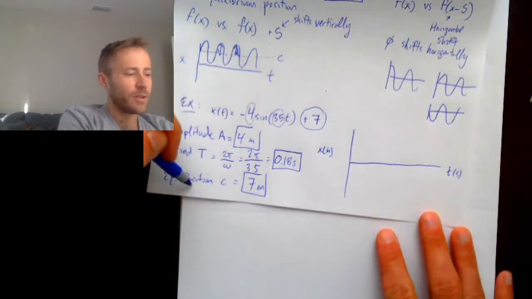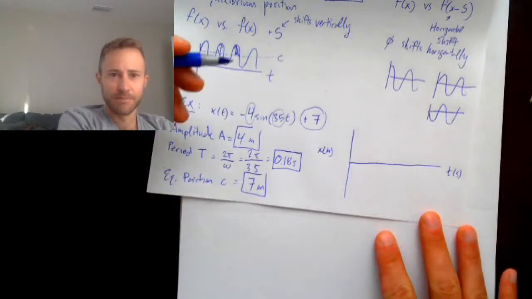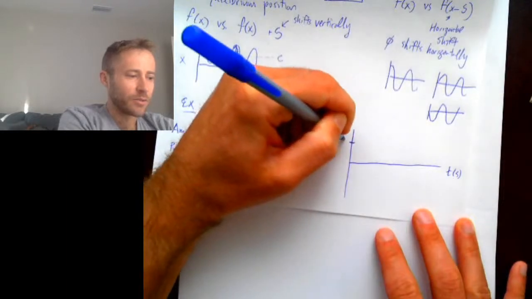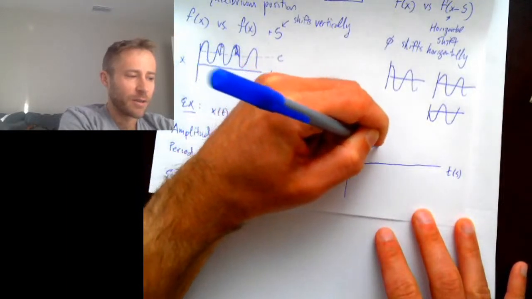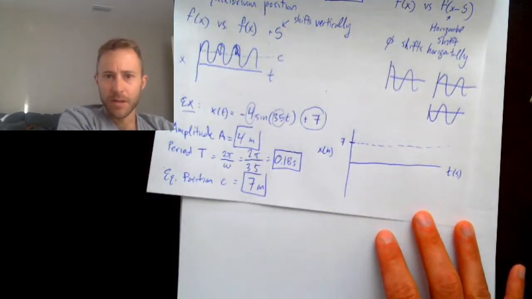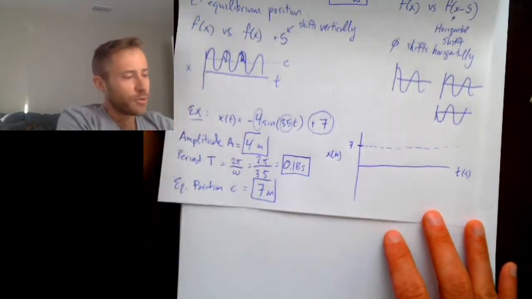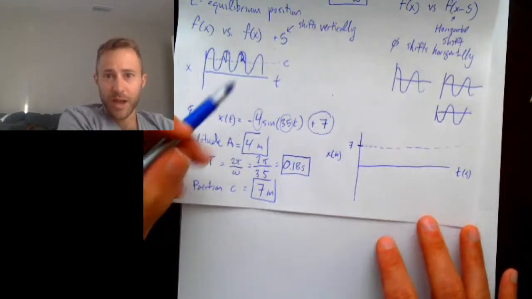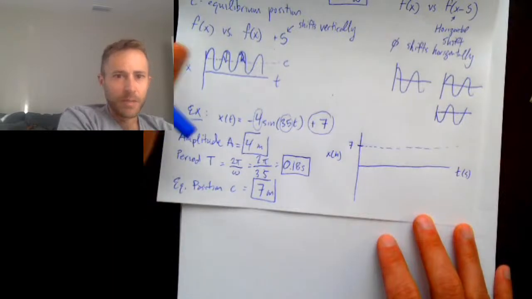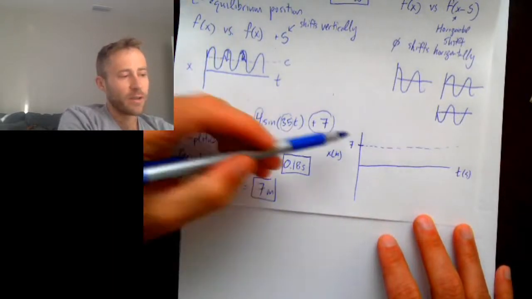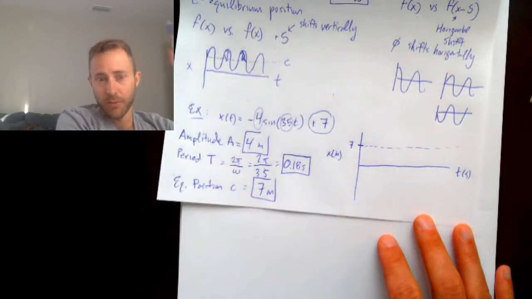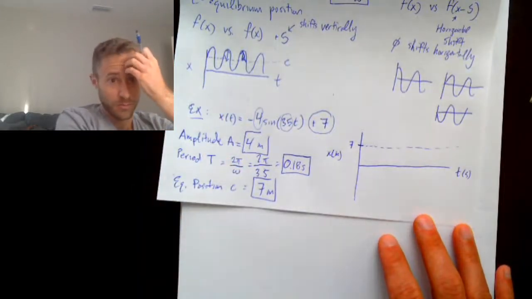And we can see that the equilibrium position is at 7. Okay, so here is x equals 7. It's going to be vibrating about that spot. If we see the amplitude is 4, that means it can swing 4 above its equilibrium position, or it can go 4 below the equilibrium position.